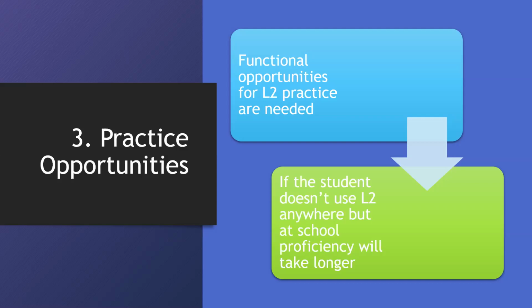If you only use your second language at school or every third Friday night in a group of people who speak Spanish or English or whatever, the longer it's going to take you to achieve proficiency. So really trying to encourage safe spaces for folks to practice their English is important.